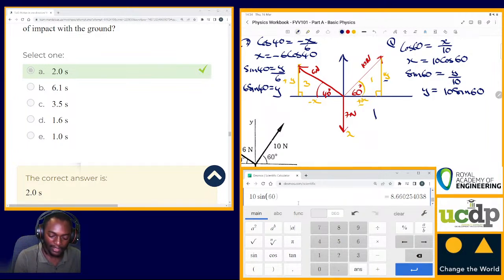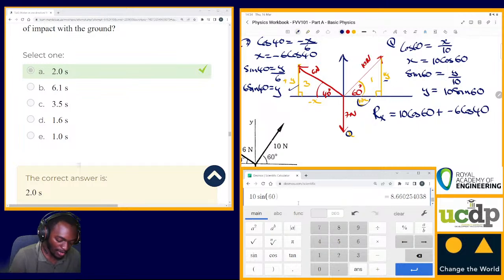So the resultant in the x is going to be equal to, looking at triangle number 1 there, we have an x which we got as 10 cos 60, and our vector number 2, this one, has no component in the x, but triangle number 3 has a component in the x, which is going to be plus negative 6 cos 40.